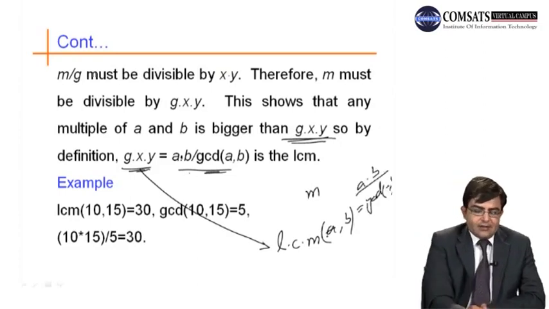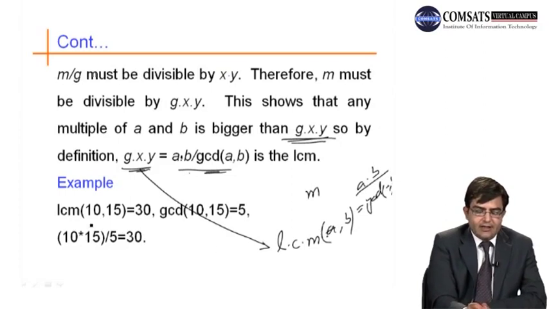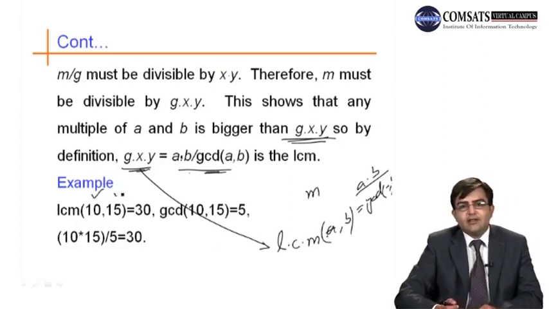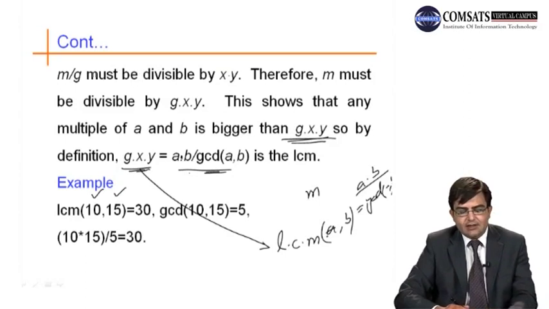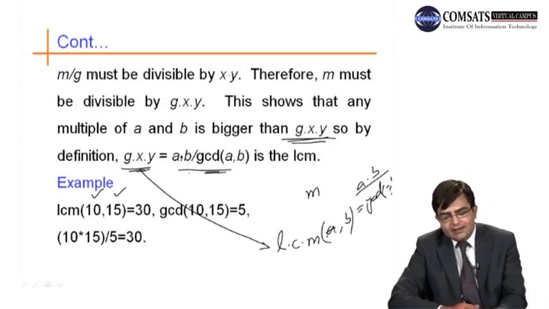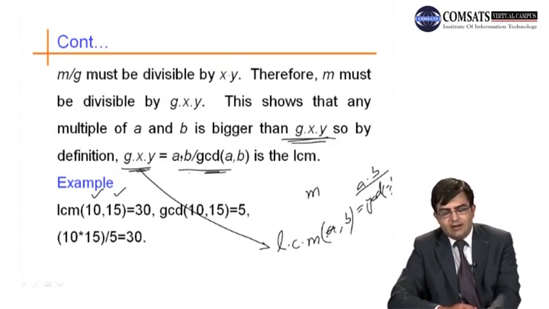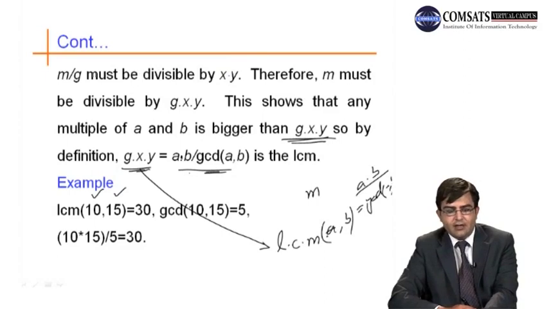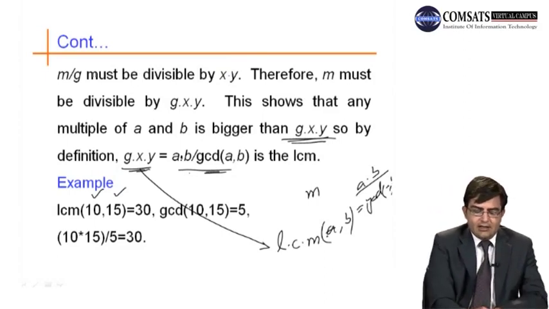For example, what is the LCM of 10 and 15? The least common multiple of 10 and 15 is 30, and the greatest common divisor of 10 and 15 is 5. So we can write 10 into 15 divided by 5 is 30.